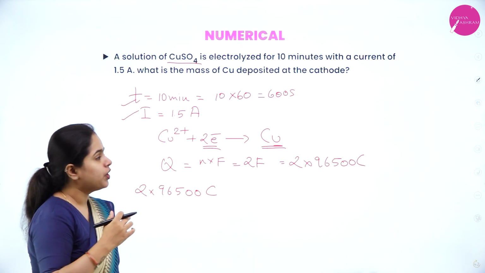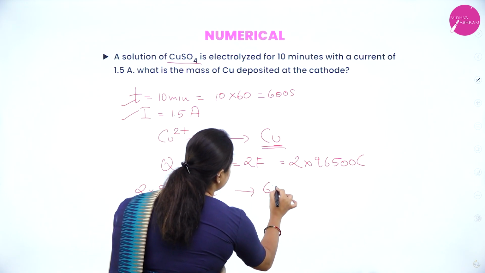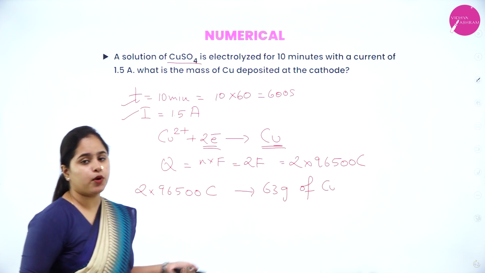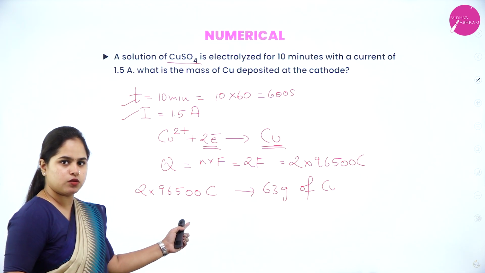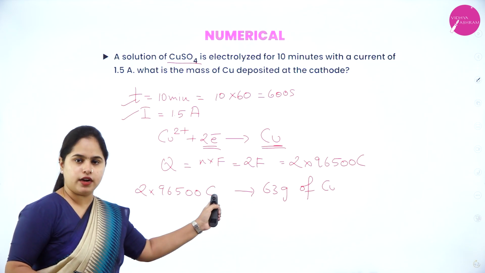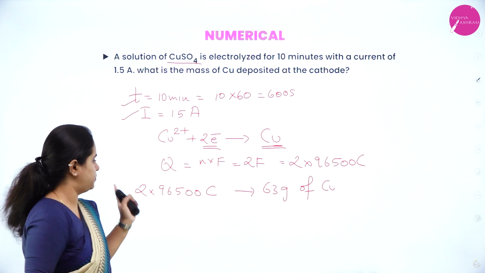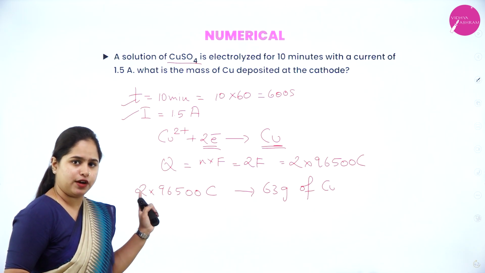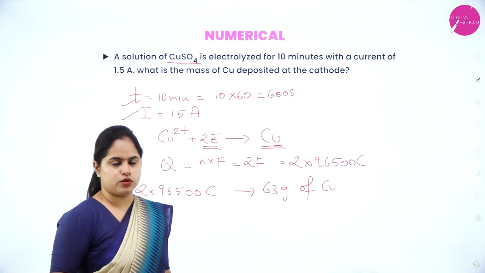If I am taking 2 into 96,500 coulombs of charge, how much copper will be deposited? It will be 63 gram of copper. You have to do the problem in this way. Why 2 into 96,500? Because it is not 1 farad, it is 2 farad, based on the number of electrons involved in the reaction. So 2 farads of electricity will deposit 63 gram of copper.